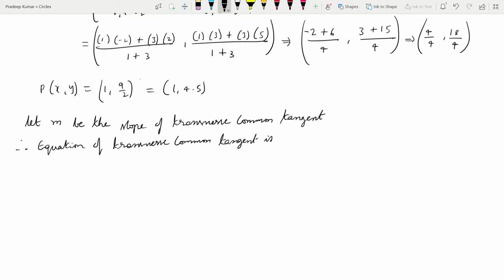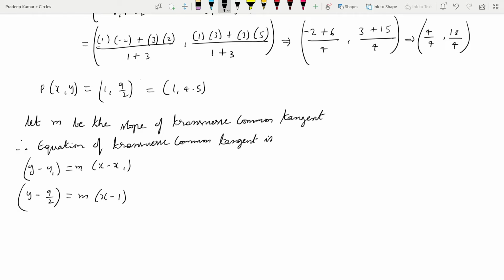The equation is y minus y1 equal to m into x minus x1. Let's substitute these values. So y1 is 9 by 2, the point we just got. So this is y minus 9 by 2 equal to m into x minus 1.